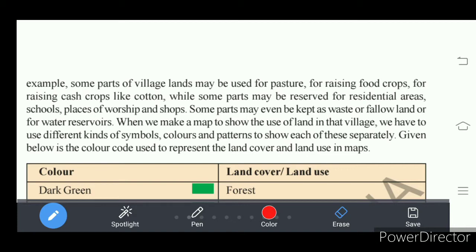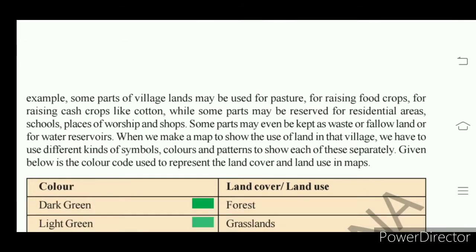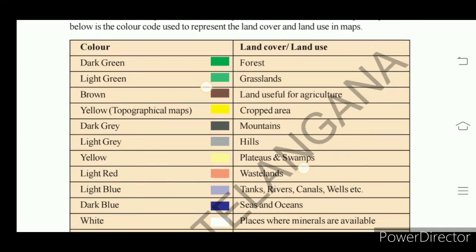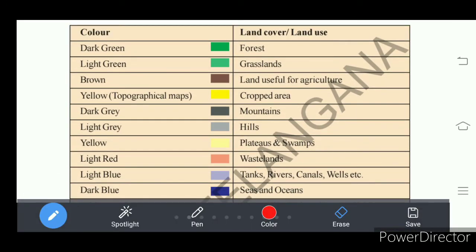So some of the colors used in a map are shown here. Look at here. When you find a thick, dark green in a map, it is for the forest area. Suppose you are watching the Indian physical map, then you will find a thick green color.